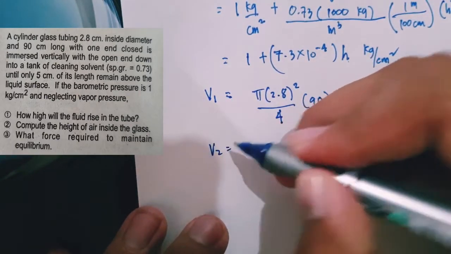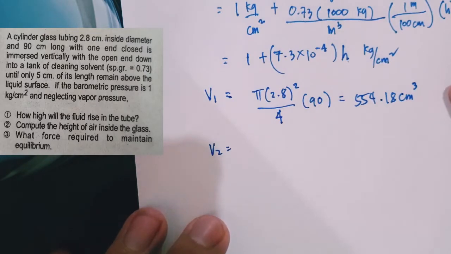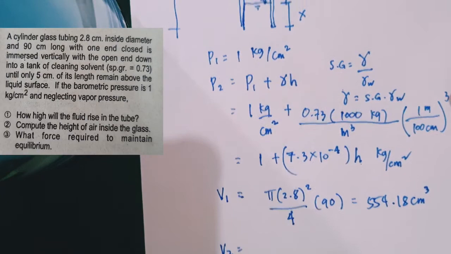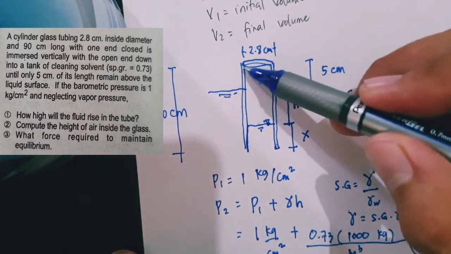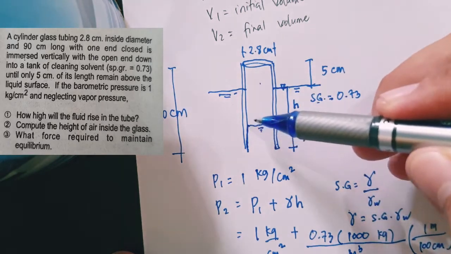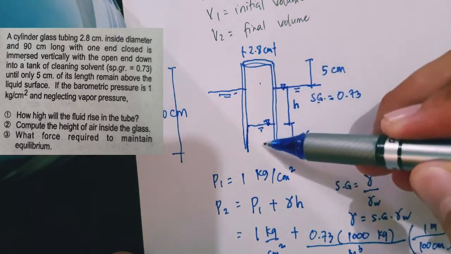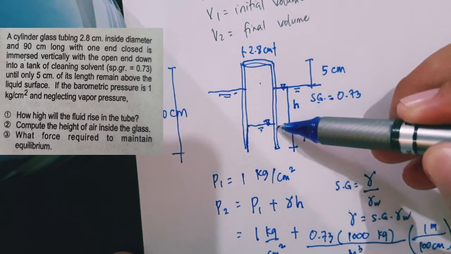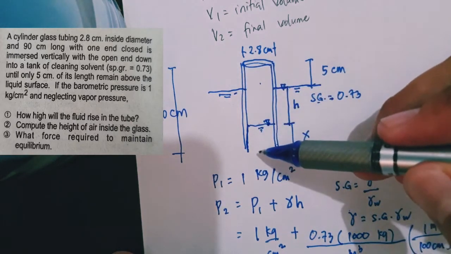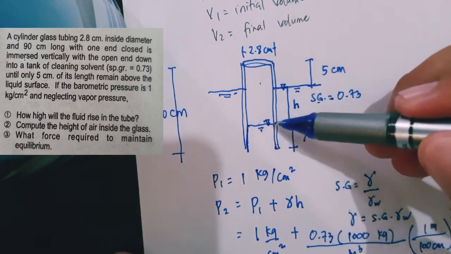For V2, so for V2, that is final volume. Ang final volume na to is ang volume inside the cylinder after na siya na butang sa solvent. So pressurized na ni siya tungod sa pag-exert sa force diri sa interface by the solvent. So since pressurized siya, ni-increase ang pressure, nigamay ang volume.